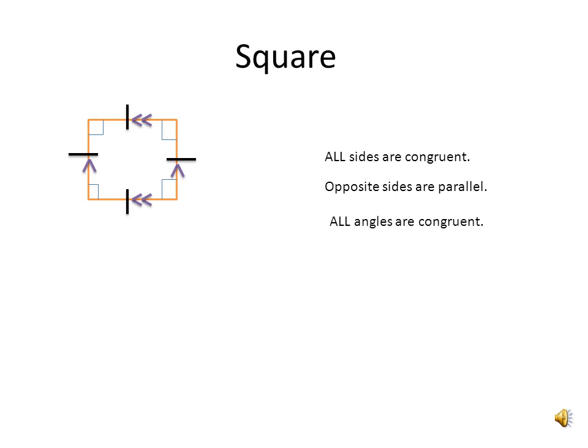Because a square has opposite sides congruent, opposite sides parallel, and opposite angles congruent, it is also called a parallelogram.